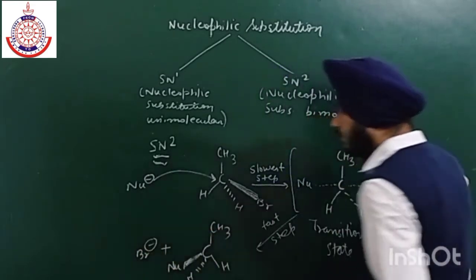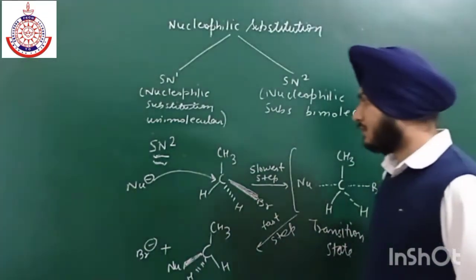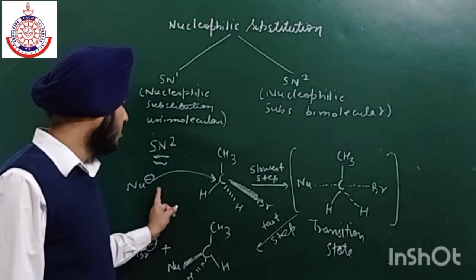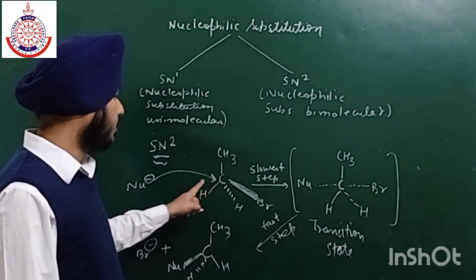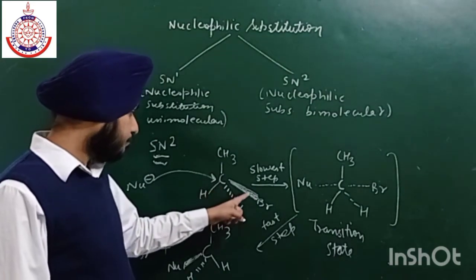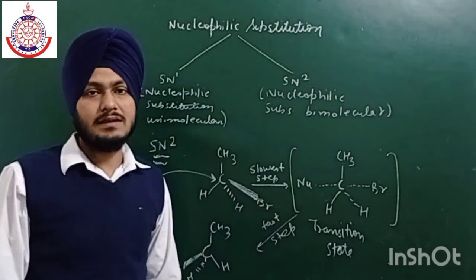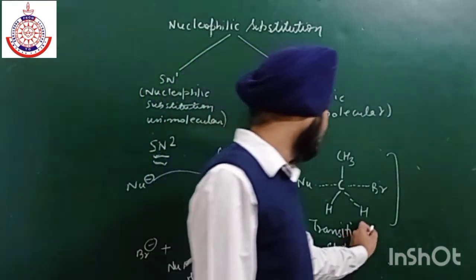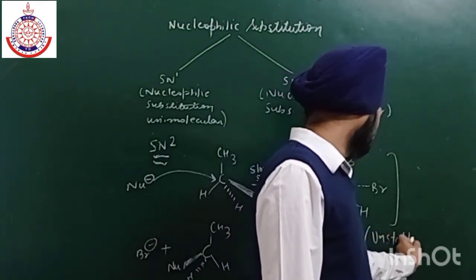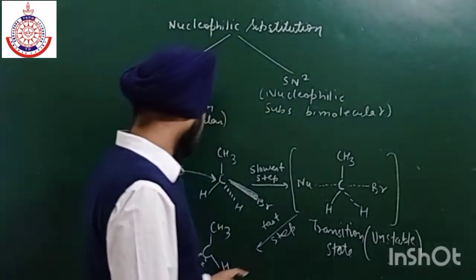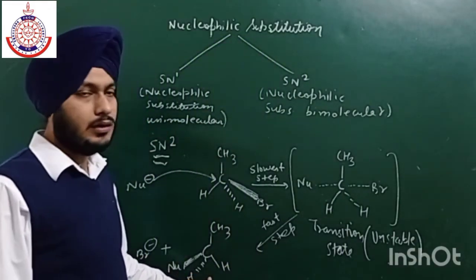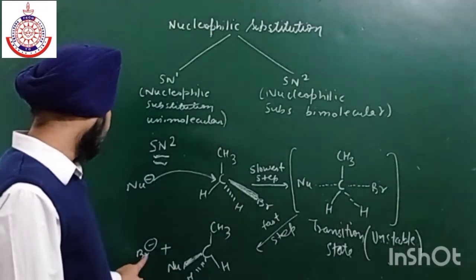So this is the whole mechanism of the SN2 reaction. Backside attack takes place on the carbon, not the carbonyl carbon, and a highly unstable transition state is quickly converted into the product, and Br will leave.